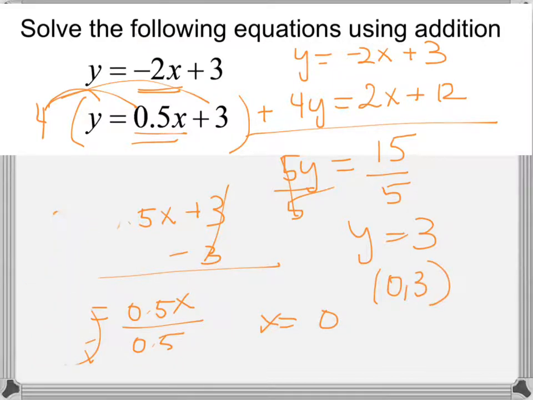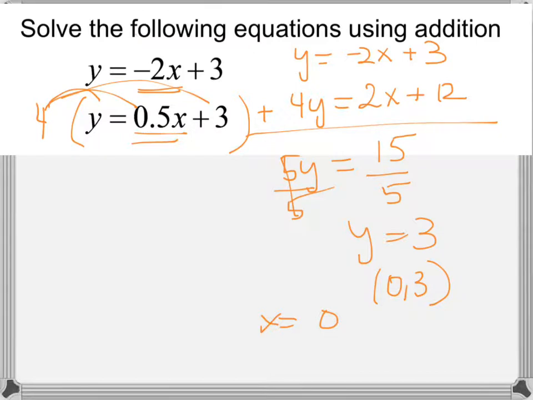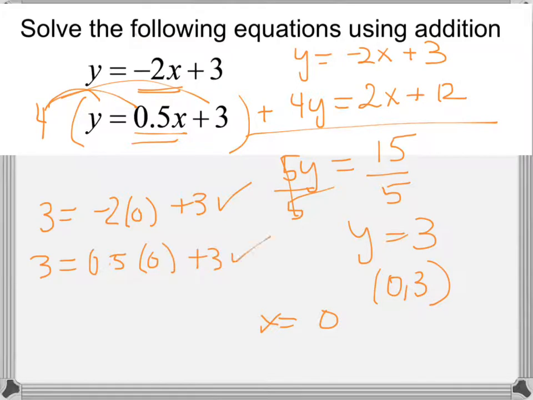Now let's just do a quick check on this here. So if y is 3 and this is 0, okay, the first equation is satisfied. And if it's 3 here, then the second equation, let's see, 0.5 times 0 plus 3. Okay. And if you look closely, 0, 3 is the y-intercept. And look at the two equations.